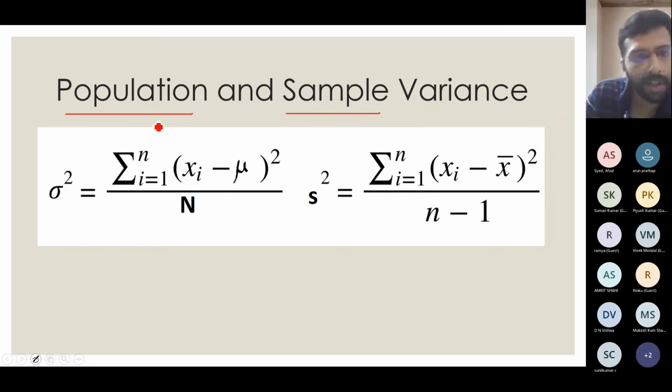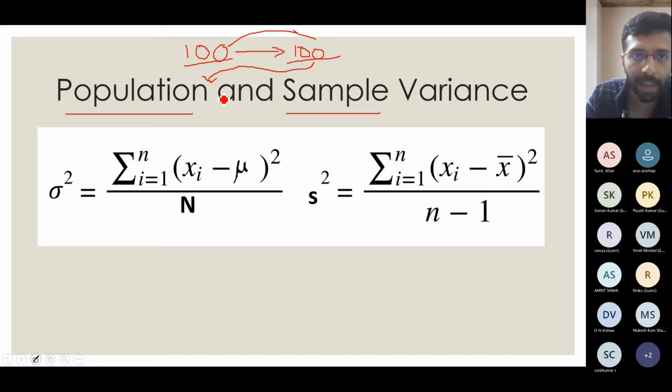If I say I have 100 students in a class and I find the marks of all 100 students, then I am considering the full data set, all 100 points, and trying to find the statistic for that. In that case, I will have to compute the population variance.